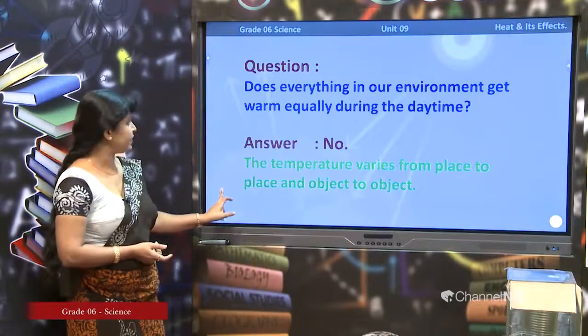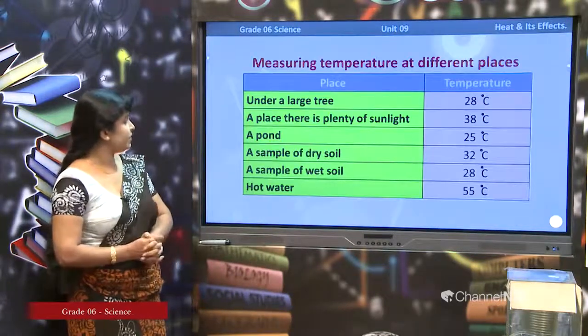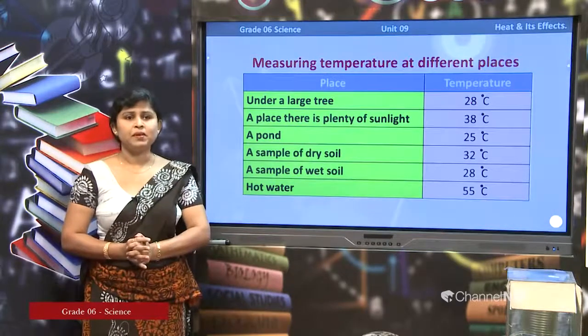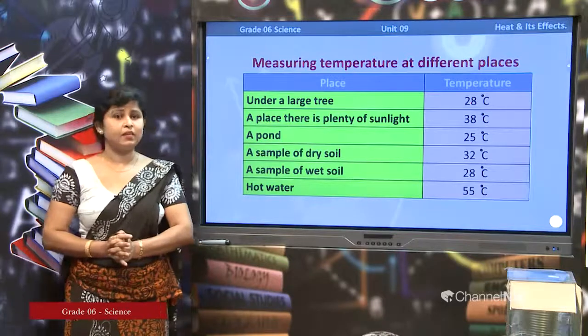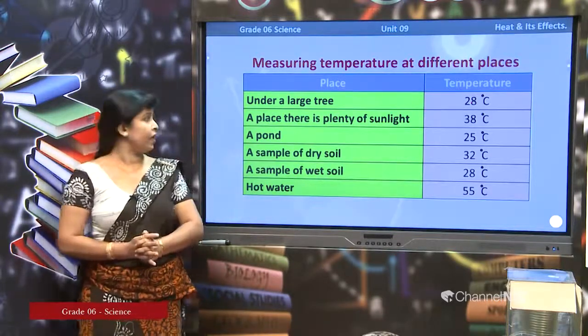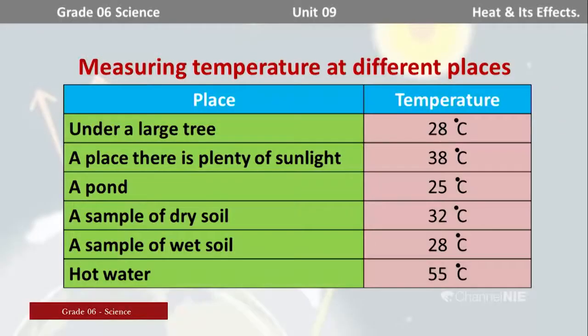Let's see the activity. The activity is measuring temperature at different places. We can select different places and we can record the temperature. Here are the places that are selected by me. Under a large tree, a place where there is plenty of sunlight, a pond, a sample of dry soil.